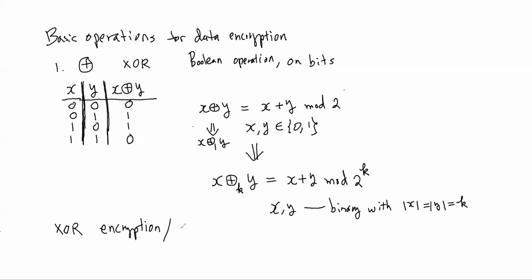And of course decryption. All right, so let's do it over here. The idea is that you have an input, let's say my plain text M, which is a string such as this.